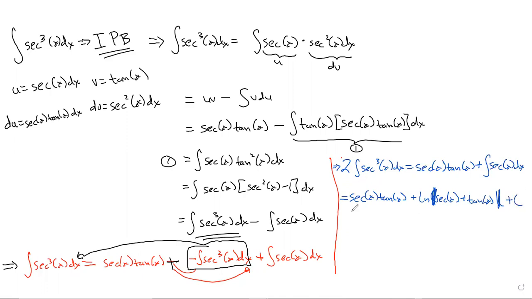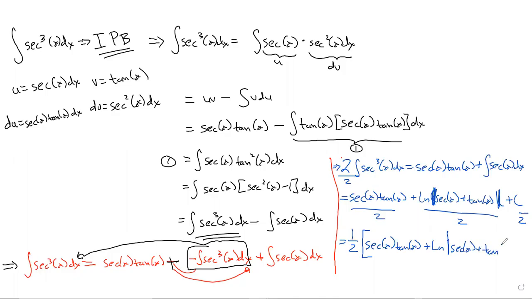Now I can divide everything by 2 to get my result. 1/2, and I'll just leave it out here due to space restrictions, secant of x tangent of x plus the natural log, absolute value, secant of x plus tangent of x, close absolute value, close the 1/2, plus the arbitrary constant. And this will be your result.